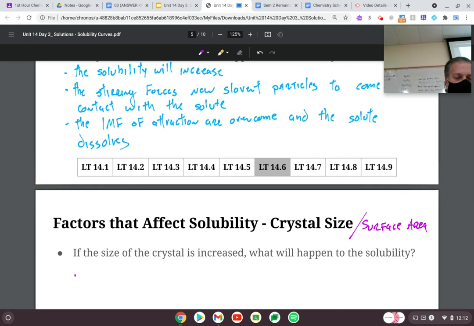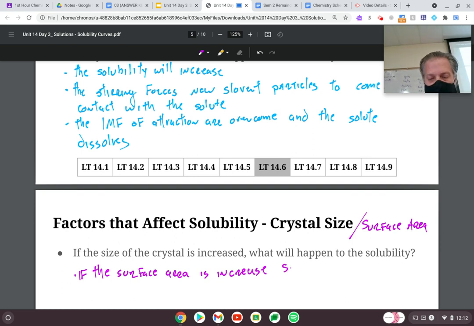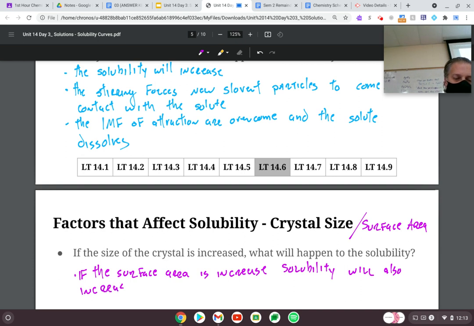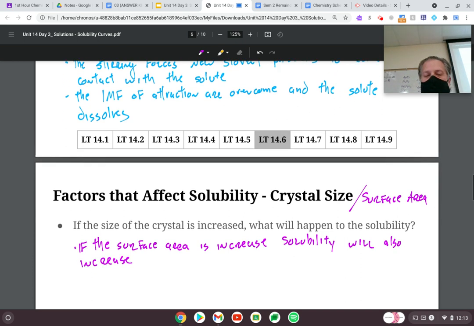Well, if the surface area is increased, solubility will also increase. And so what do I mean by that?